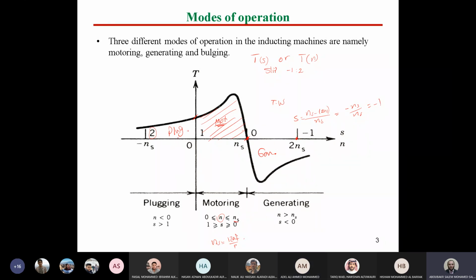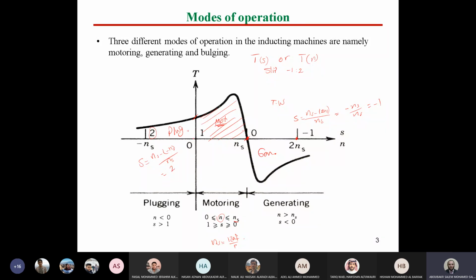But for the third mode, plugging mode, we have a span from 0 to -ns. So if you substitute in the relation, s equals ns minus n, the final point is ns minus (-ns) over ns, so you will find 2ns over ns, which is 2.